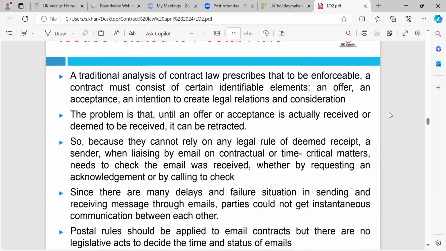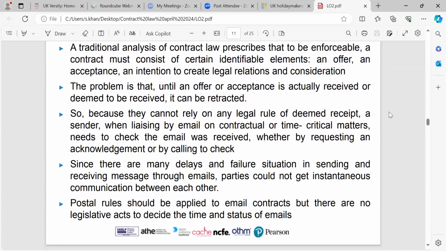Issues related to postal rule. A traditional analysis of contract law prescribes that to be enforceable, a contract must consist of certain identifiable elements: an offer, an acceptance, an intention to create legal relations, and consideration. The problem is that until an offer or acceptance is actually received or deemed to be received, it can be retracted.